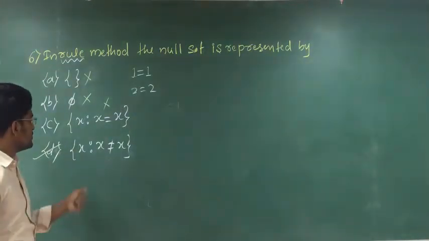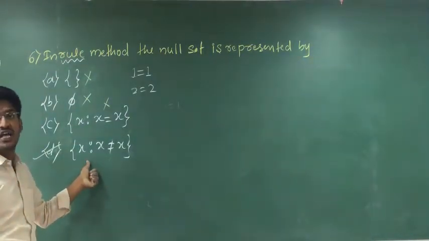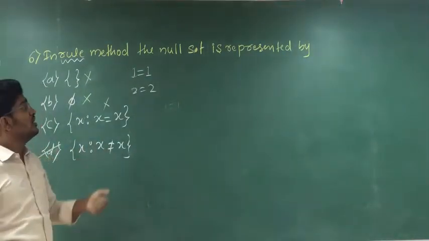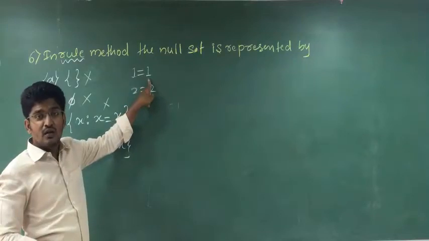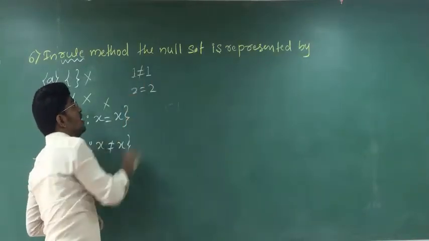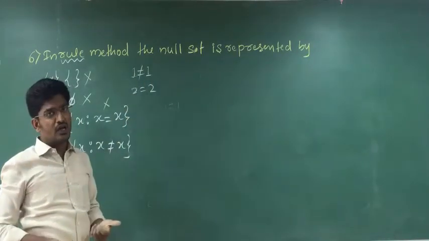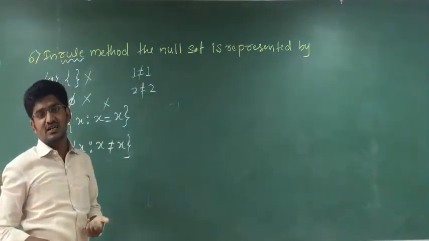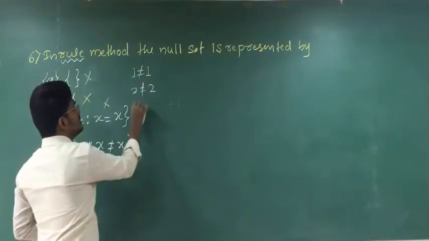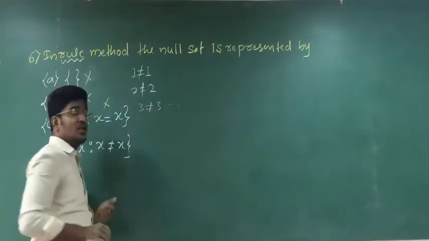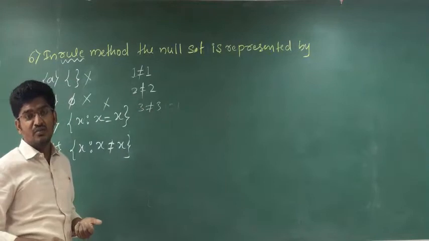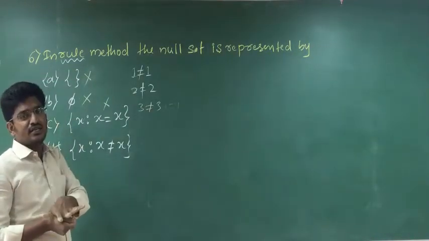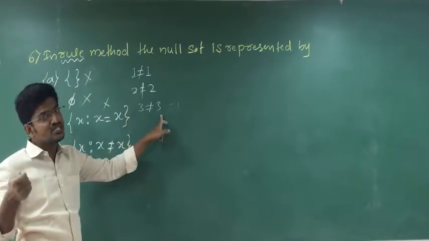But let us understand it. x such that x not equal to x. See, you know 1 equal to 1, but 1 not equal to 1 is mathematically not correct. 2 not equal to 2, mathematically not correct. Are you getting my point? 3 not equal to 3, mathematically not correct. 3 equal to 3 is correct, but 3 not equal to 3 is not correct.